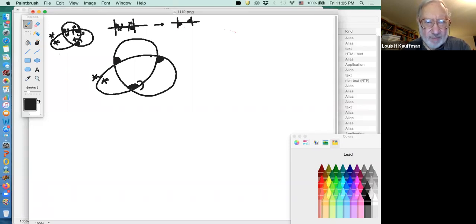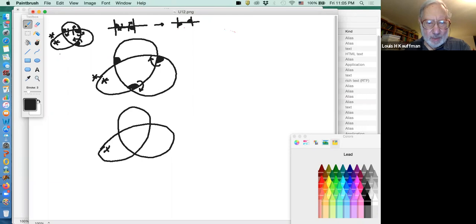The only available move on it is this one. If you think of this as a little move in a game, you can rotate clockwise. And if I do that, then I get the one that we drew above.